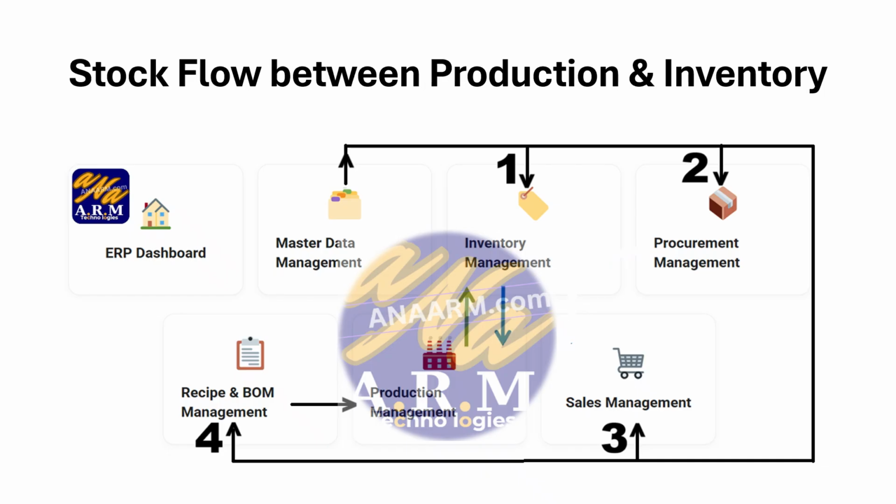Now, when production begins, raw materials are issued from inventory into production. So what it simply means is that there is a stock out of raw materials from inventory to production. The blue arrow is indicating that.